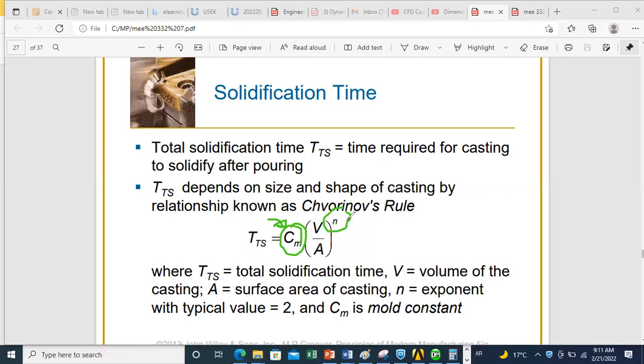Now we'll see how we use this relation to design our riser, because we said that in our risers, the molten metal should solidify after the metal in the cavity, because it should continue to supply molten metal in order to avoid the formation of voids and to fill all parts of our cavity.